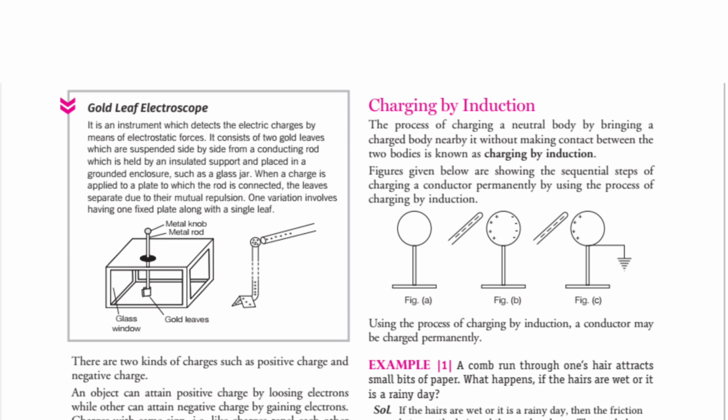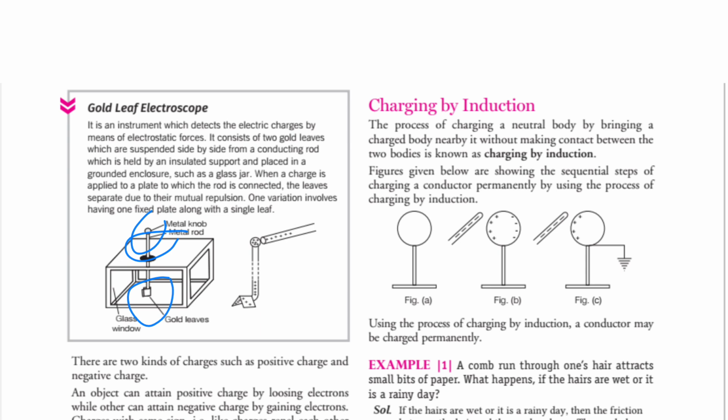When a charge is applied to the plate to which the rod is connected, the leaves separate due to their mutual repulsion. This is the leaf, that is the plate, and we are applying the charge through the rod. This is the rod and this is the knob.